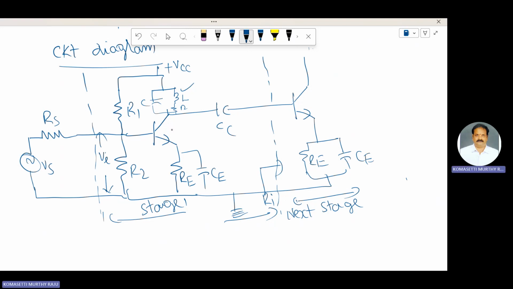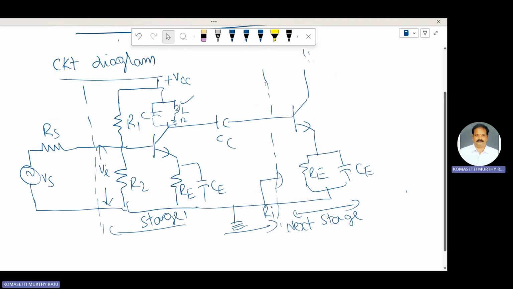All tuned circuits used in the next stage are tuned to the same frequency. This is the description. The output across the tuned circuit is coupled to the next stage through the coupling capacitor CC.